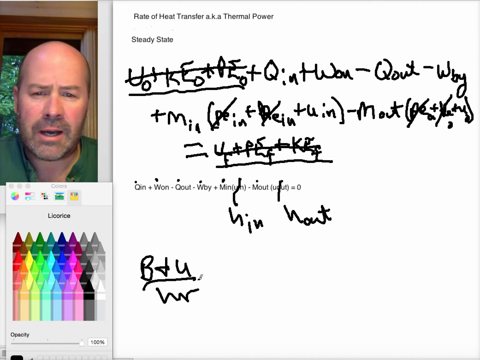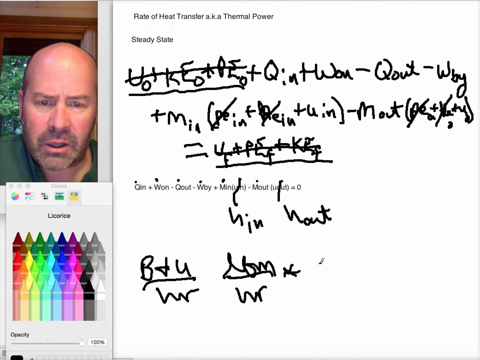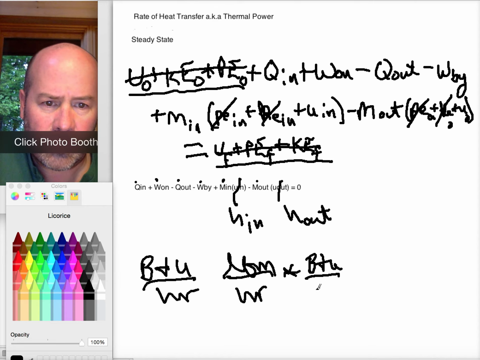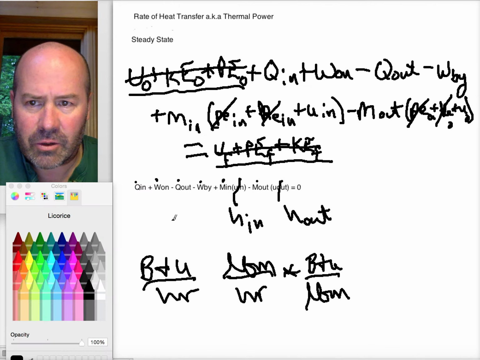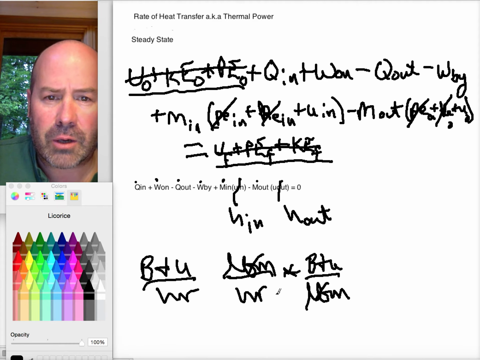Let's take a look at mass flow rate. We'd have pounds mass per hour times little h, which is BTUs per pound mass. And the pounds mass would cancel. We'd have BTUs per hour and BTUs per hour.